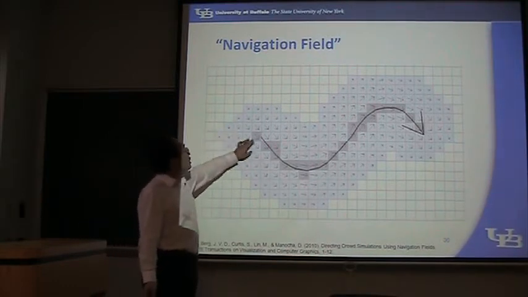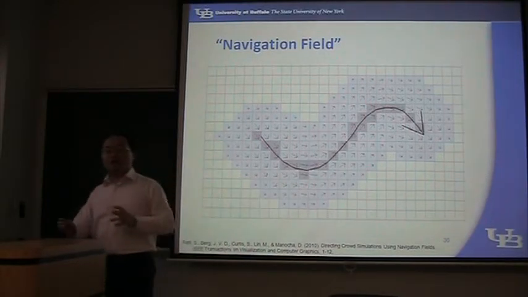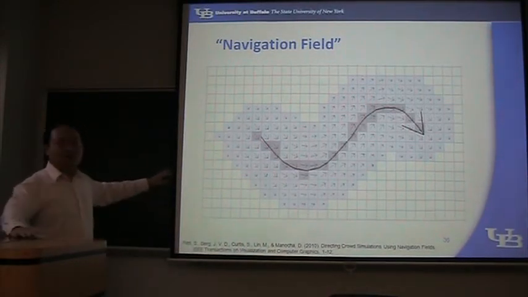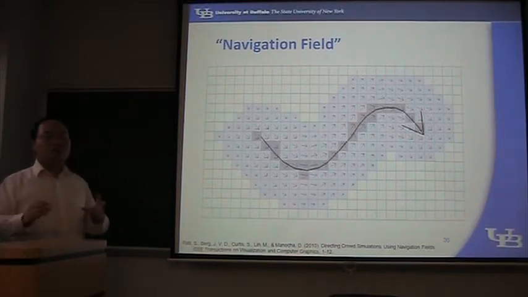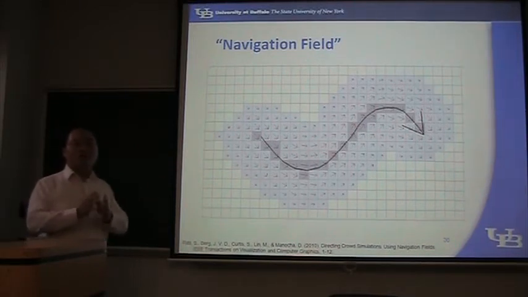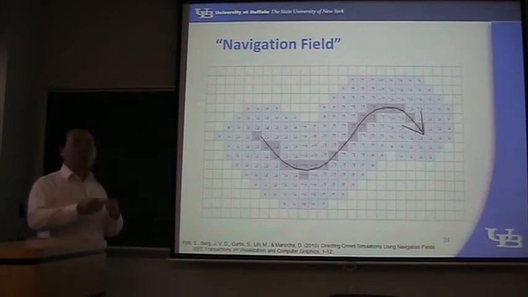They use this kind of navigation field to guide the pedestrians. And this is different from the traditional agent-based model. In an agent-based model, each pedestrian will only consider itself. And that will lead to big problems when we model a lot of pedestrians.